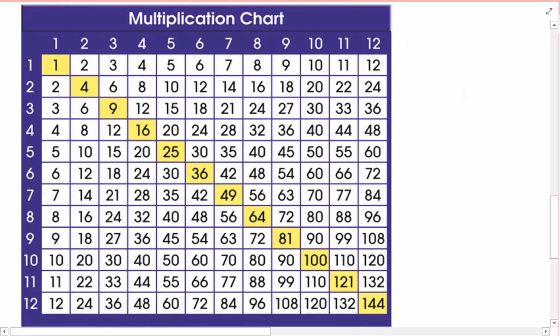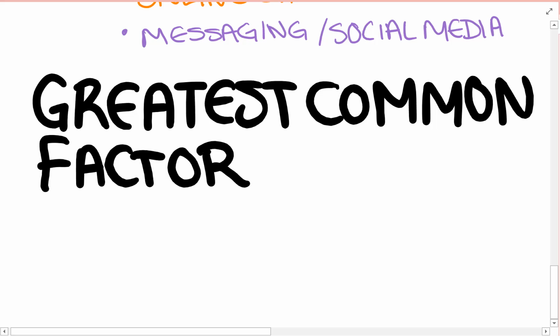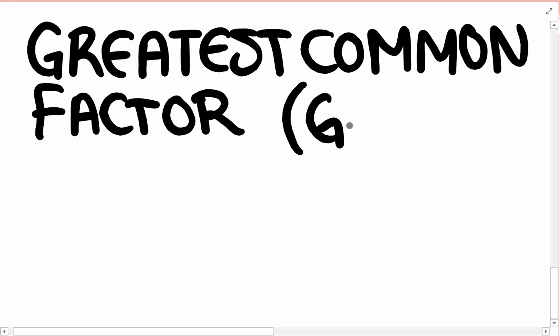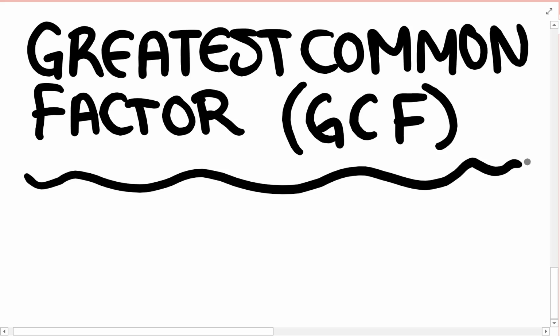Like I mentioned before, you should have this multiplication chart handy, and even better if it's in your brain, because then it's real accessible. Something that we're going to be talking about a lot this week is the greatest common factor, also known as the GCF. And that's the biggest number that goes into a selection of numbers that is given to you.